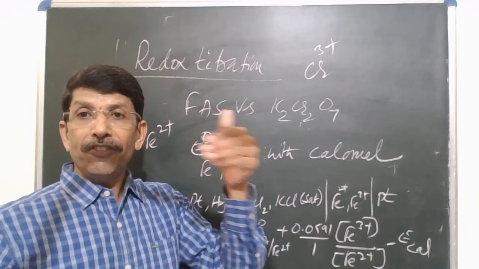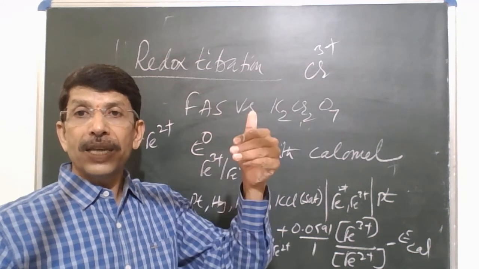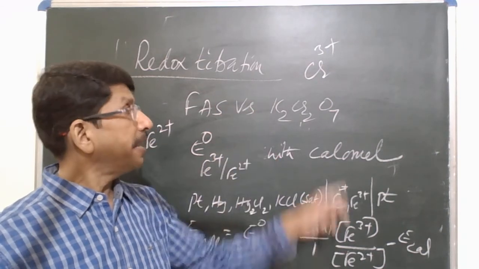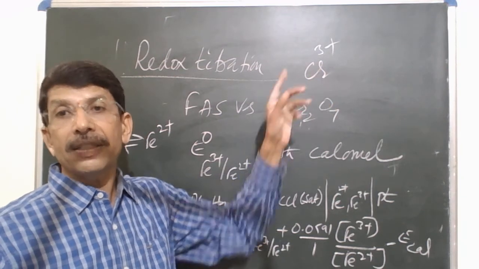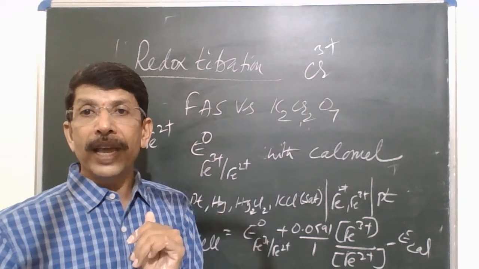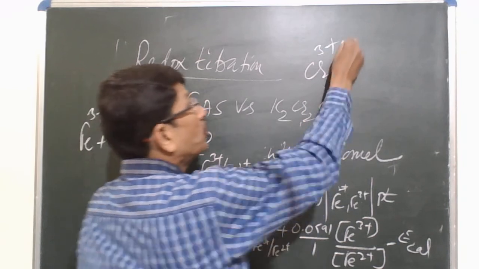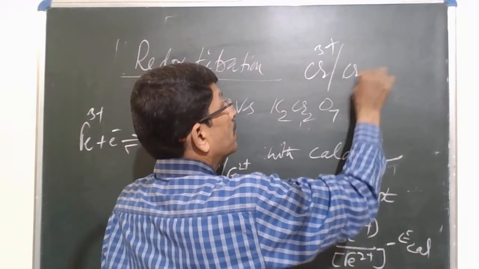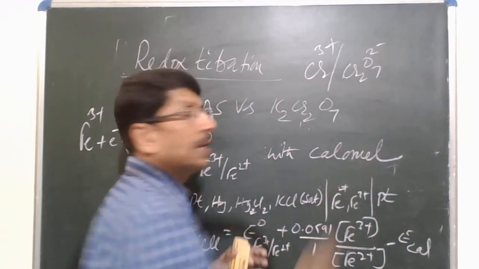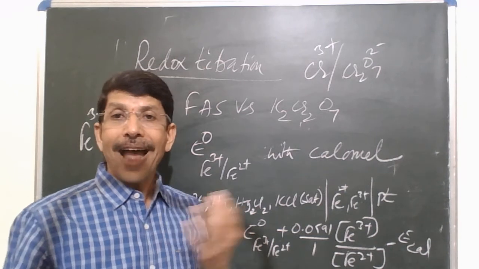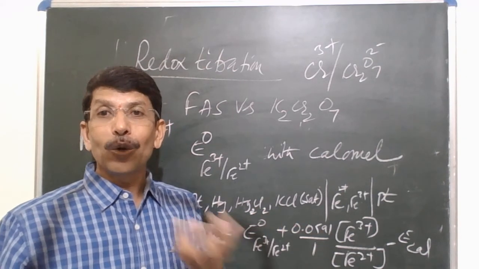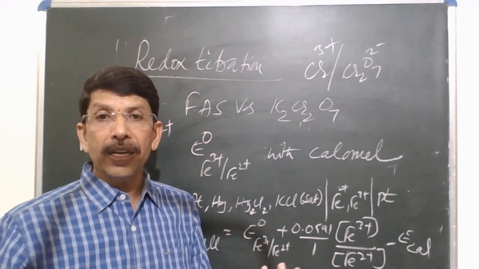Once all your Fe2+ ions are oxidized, the next drop of dichromate added does not undergo any reaction because Fe2+ ions are already consumed.